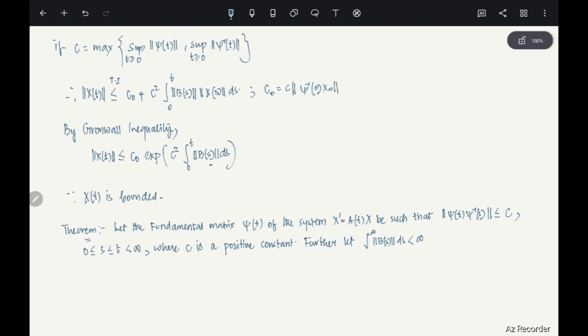So this part is satisfied. Then all solutions of x prime equals A of t plus b of t times x are bounded in 0 to infinity. And what is the condition provided?